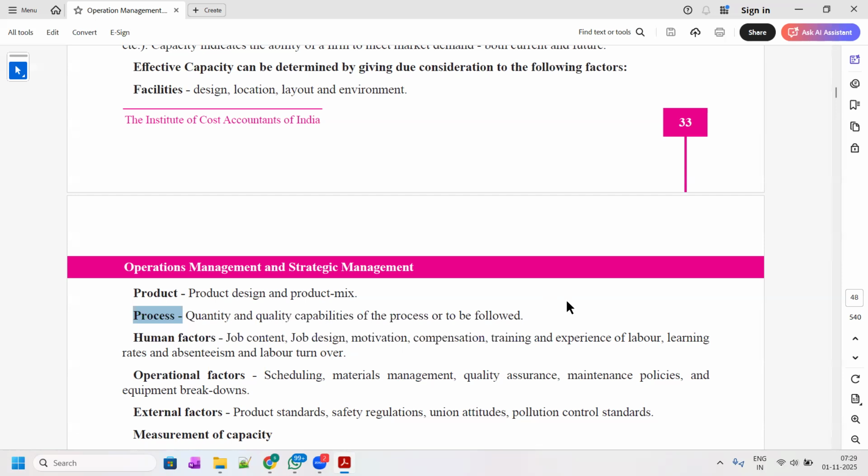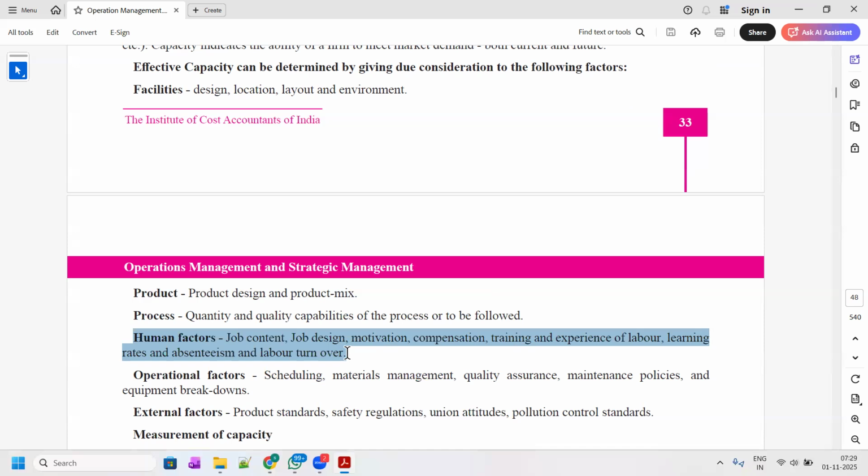Then you have the human factor. Human factor includes job design, motivation, training, experience, absenteeism, and employee turnover. Basically, here we are talking about human resource management.